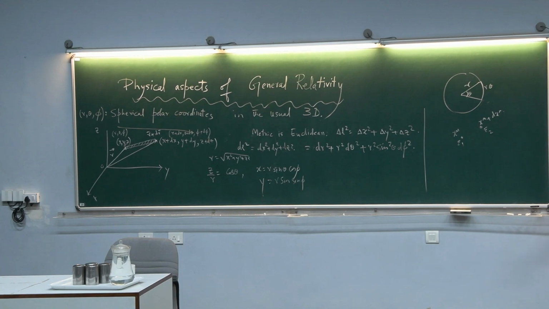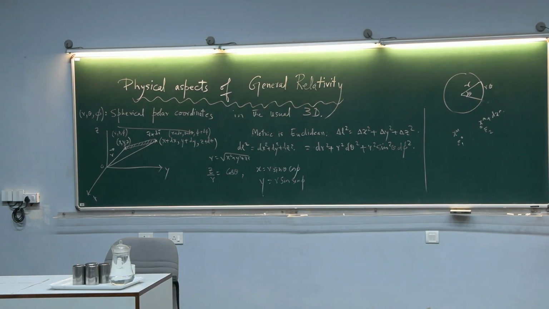Given the x mu, I have no idea what I mean by the physical distance, meaning three-dimensional distance between the two events. I don't know the actual time, meaning good clocks measuring what time between the two events.